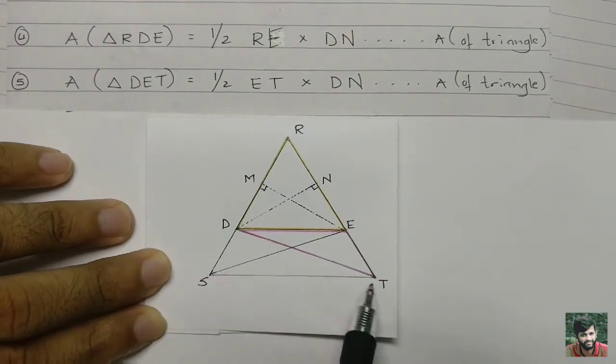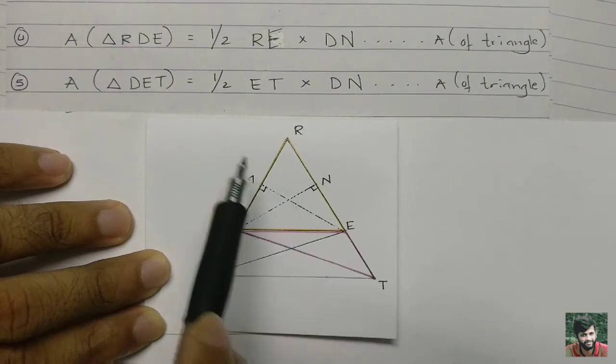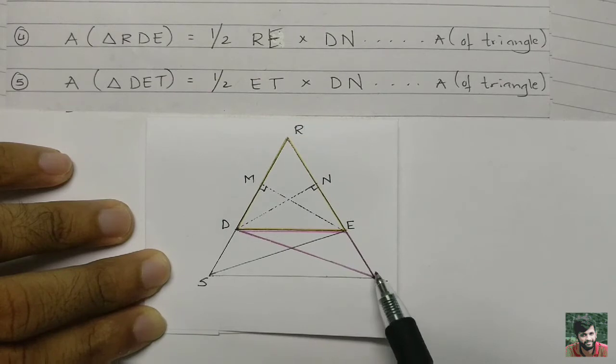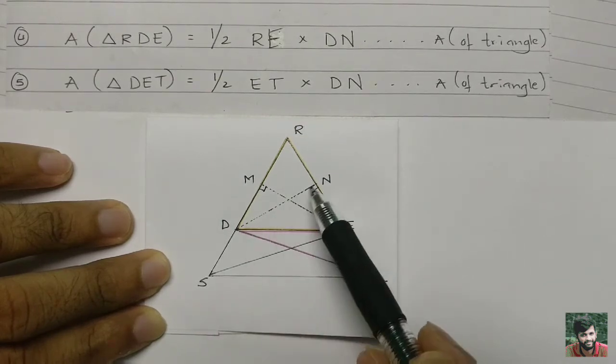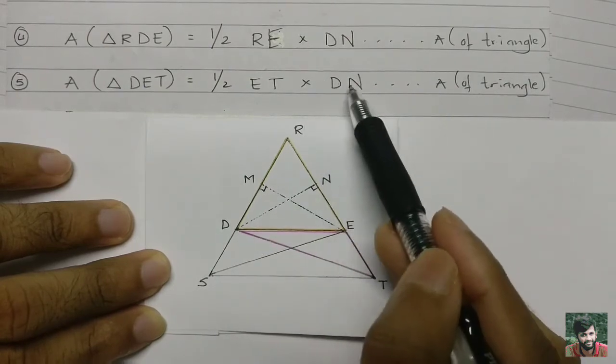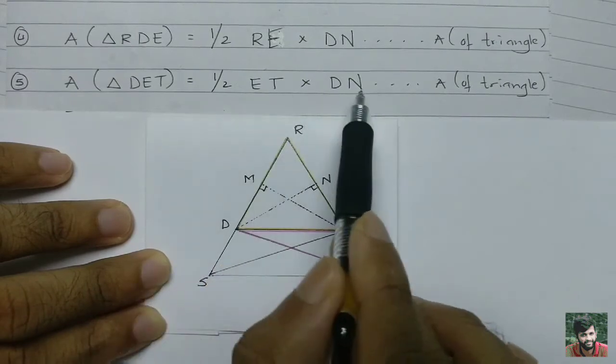This triangle which is in the pink color is equal to half base as ET, and if I extend, this height is exactly in line with the base, right? So height is DN, which is written over here. So area of triangle DET is half base into height.